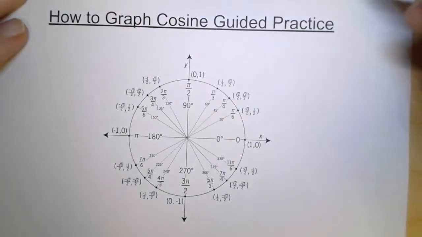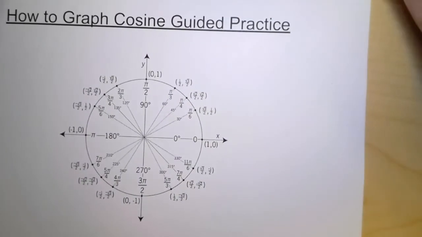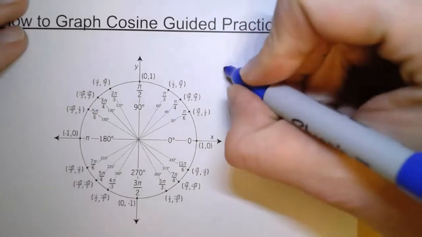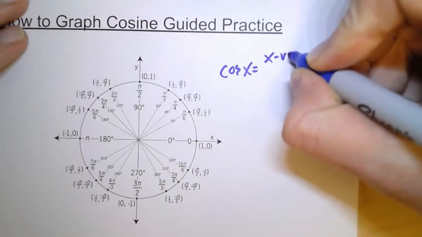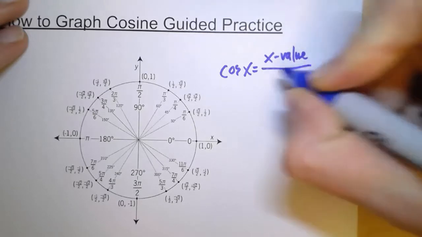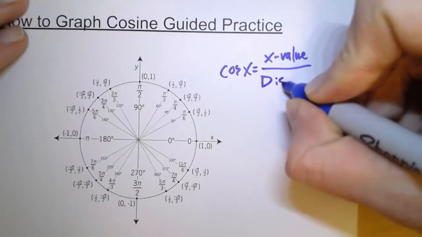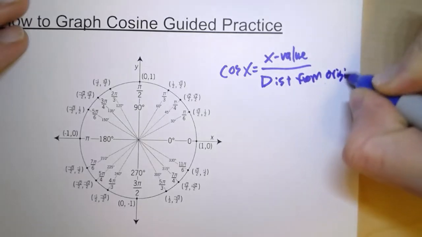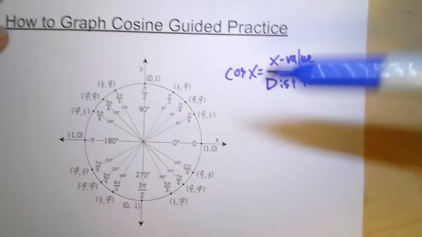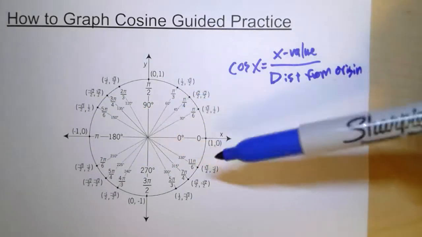And so if we think back to the video, we talked about how do we find sine or cosine for an angle given a point. What we said was cosine of x equals the x value divided by the distance from the origin. And the advantage we have here is that if we think about the unit circle, what's its radius?